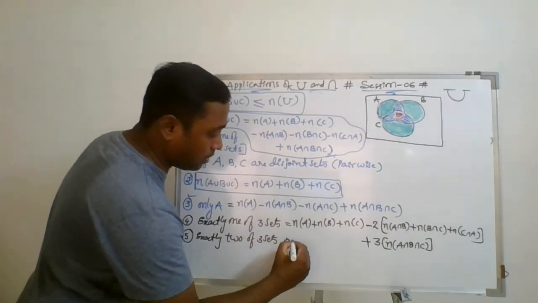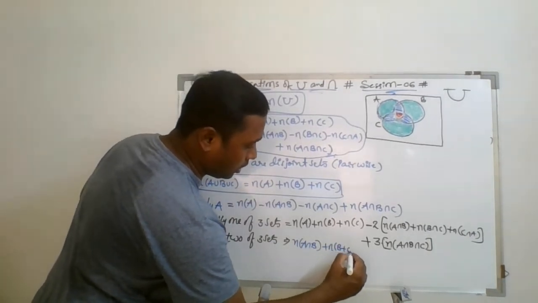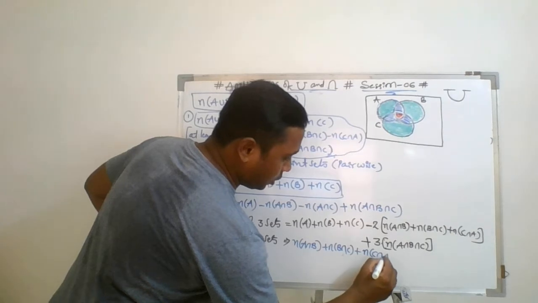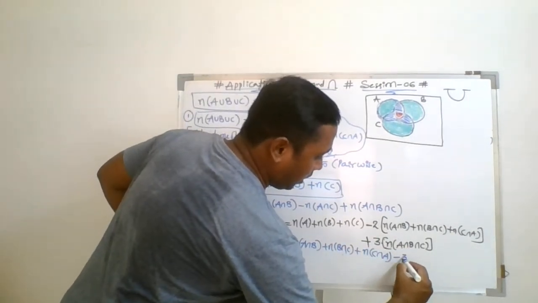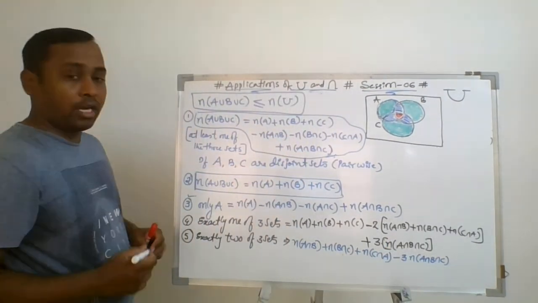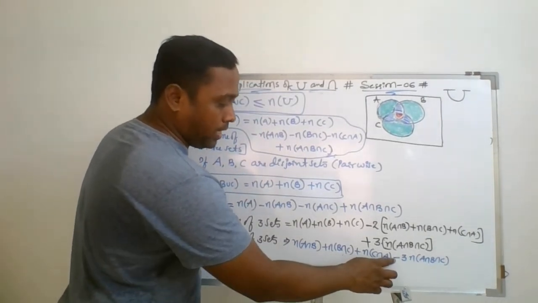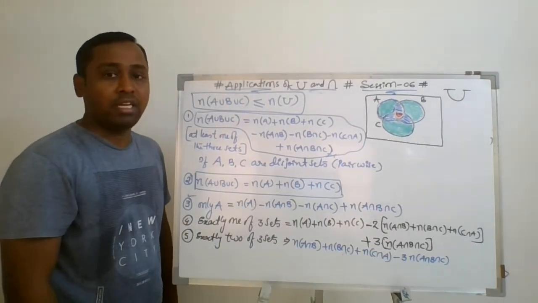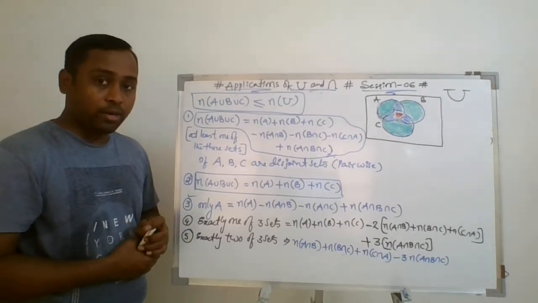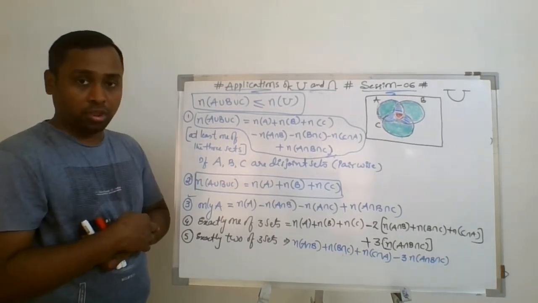So that is why the formula is developed like number of A intersection B plus B intersection C plus C intersection A minus 3 times of number of A intersection B intersection C. I repeat, A intersection B plus B intersection C plus C intersection A minus 3 times of number of A intersection B intersection C. So these are the 5 fundamental formulas which you require while dealing with the 3 sets based questions.